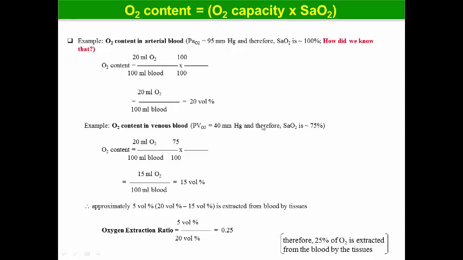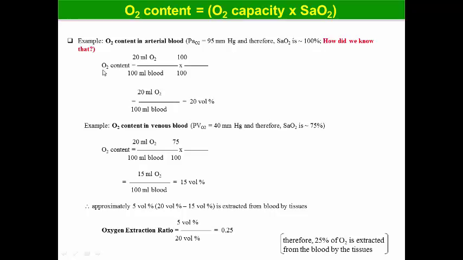And remember, from the previous slide, we mentioned that oxygen content is equal to the oxygen carrying capacity multiplied by the saturation of oxygen. In the arterial blood, the partial pressure of oxygen is 95 millimeters of mercury. And at this partial pressure of oxygen, the oxygen saturation is 100%.